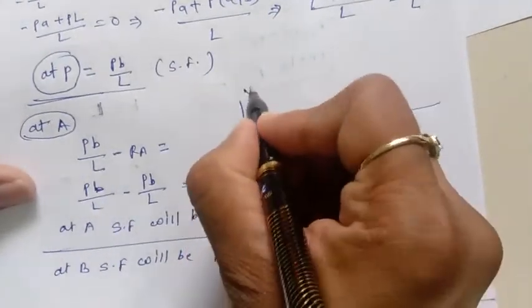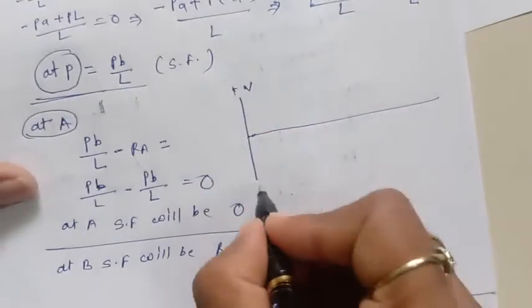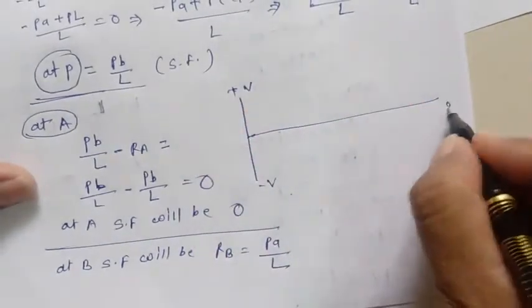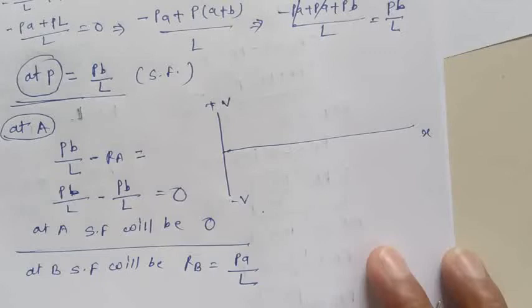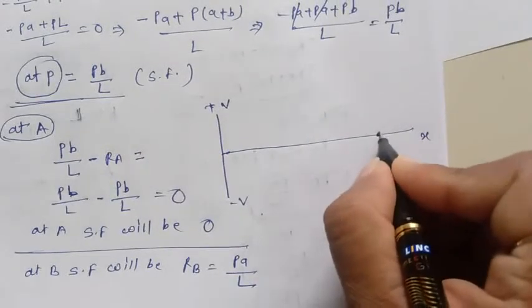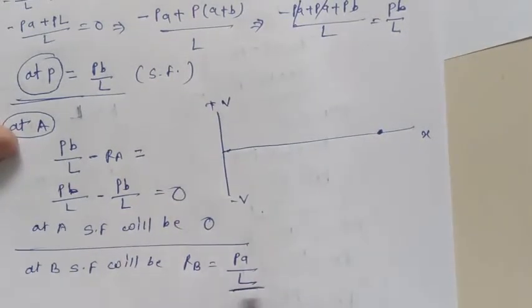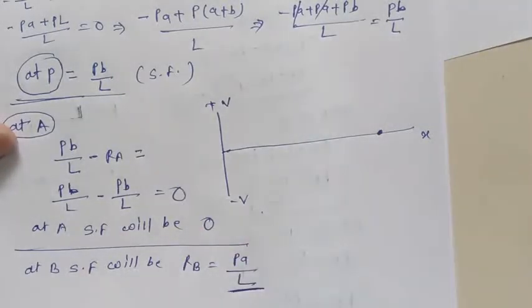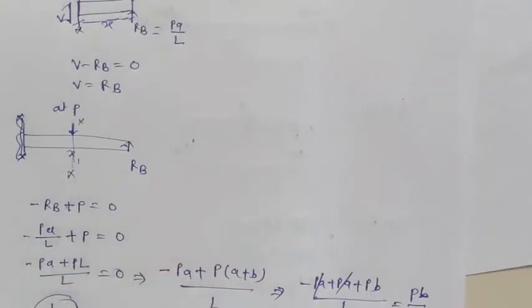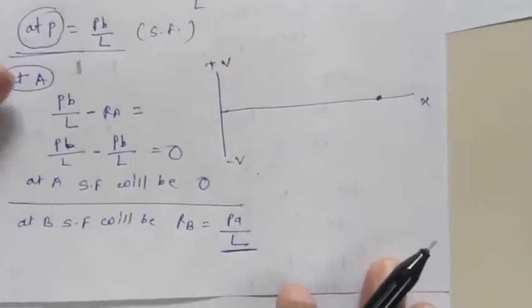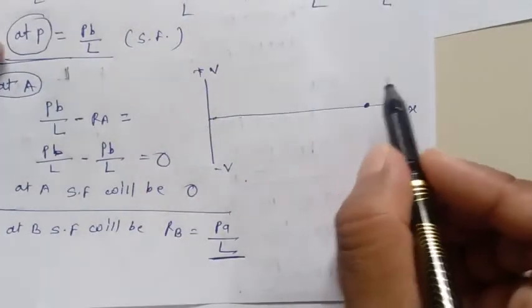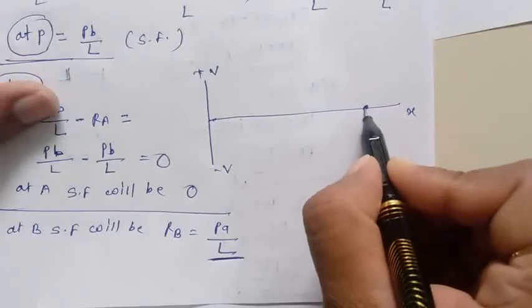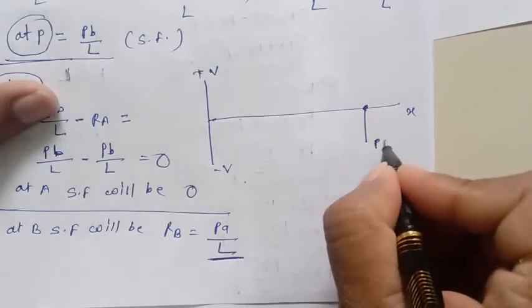This is the positive shear force, negative shear force, and this is the span. At B we have seen it will be PA by L. Since RB is an upward force, and upward force we take as negative when we move from right to left, it is a negative PA by L.